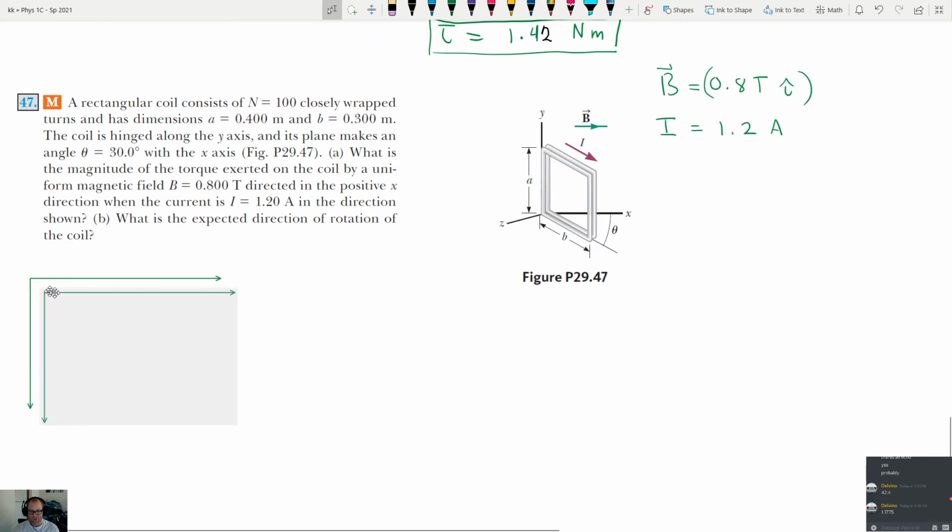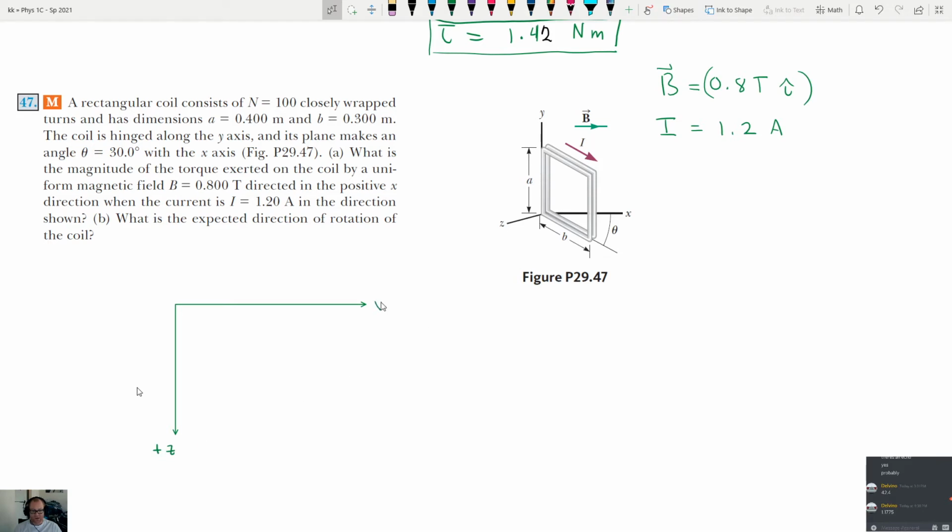So what I'm going to do is flip it so that this is going to be the positive z direction now. This is the positive x direction. So then we're going to basically take our coordinate system so that positive y is coming out in this direction here. So I'm just going to put a little line right here and say this is the plus y direction right here.